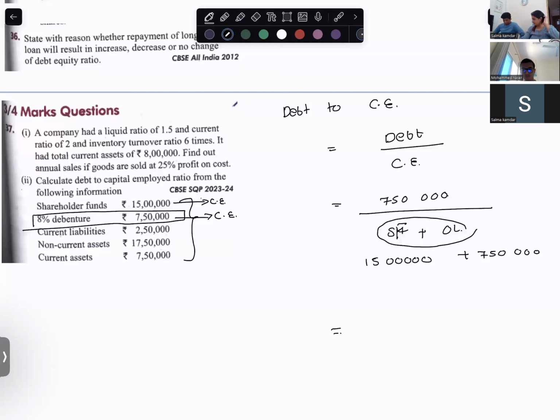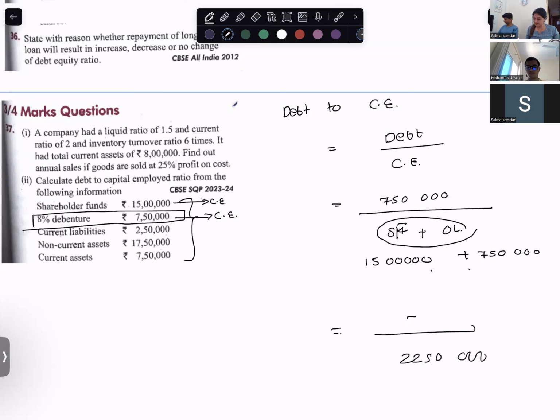How much does it become now? It's 7,50,000 upon 15 lakh plus 7,50,000. So the denominator comes up to 22 lakh 50,000.